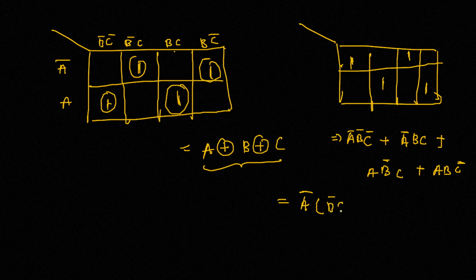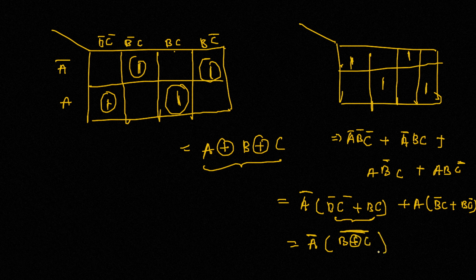So we have B complement C complement plus BC, and from here again, if I take A common, I get B complement C plus B C complement. So this is the XNOR gate for BC. So I get A complement times B XNOR C, and here I have A, and B complement C plus B C complement is B XOR C, right?